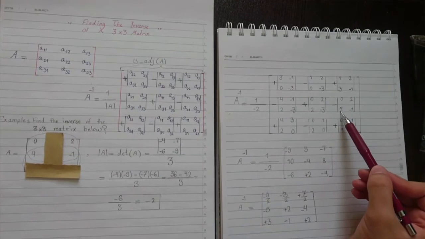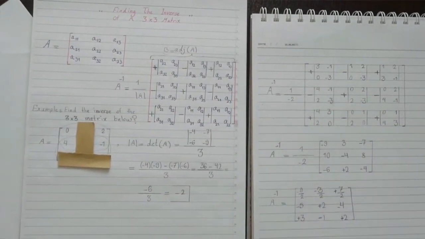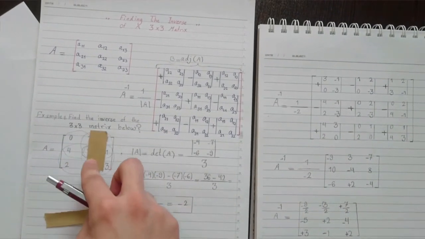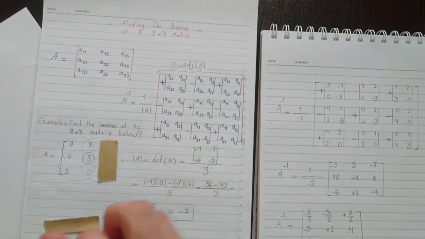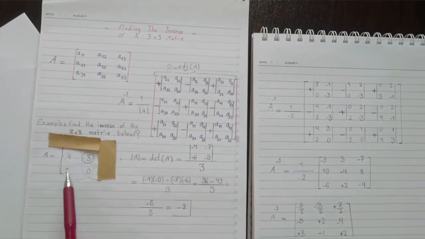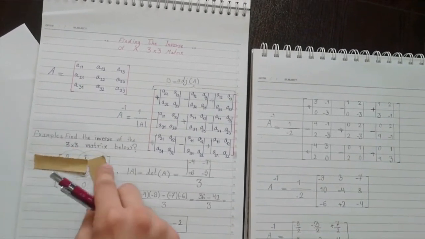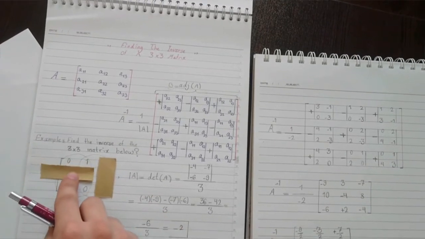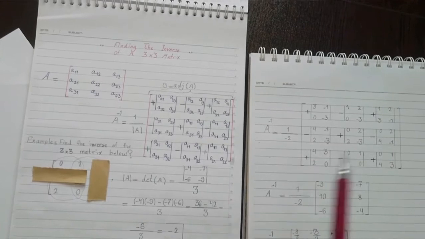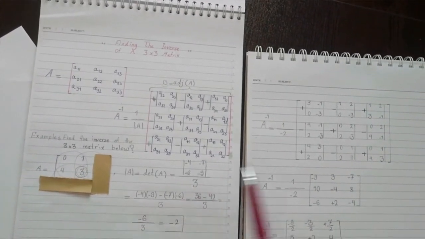Okay, the entry b sub 3 1 is equal to the determinant of the matrix left after ignoring the third column and the first row, which is going to be 4, 3, 2, 0. Okay, and the next entry is going to be 0, 1, 2, 0, and next entry 0, 1, 4, 3.